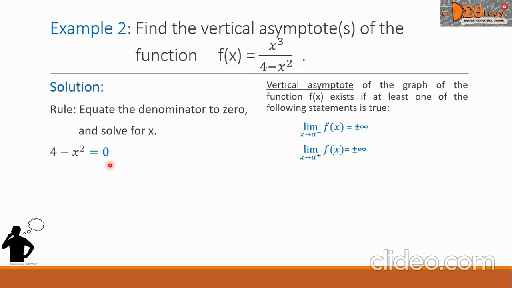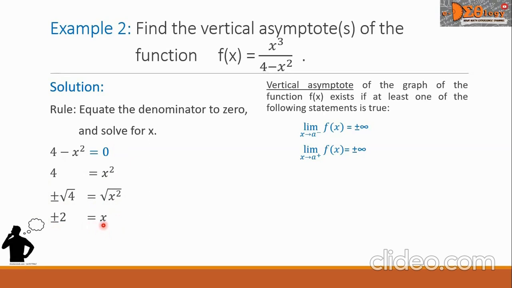Let us solve for x. The negative x squared we will transpose to the right. So it becomes positive x squared. Then we will take the square root of the left side and the right side. So we will have plus or minus square root of 4 equals the square root of x squared. The left side becomes plus or minus 2 equals x on the right side.